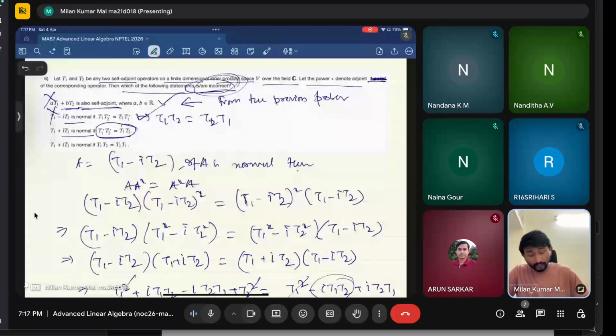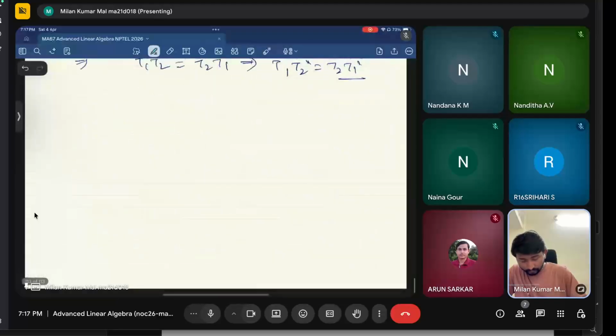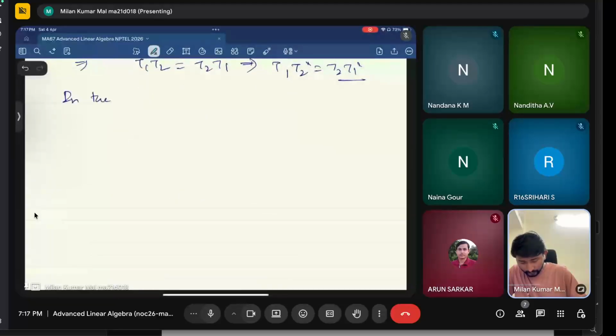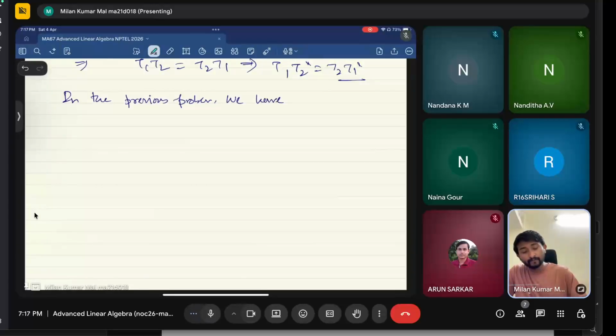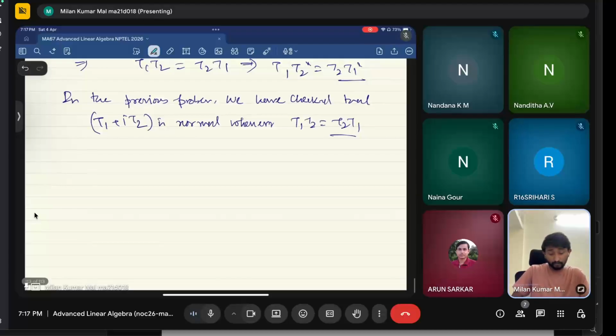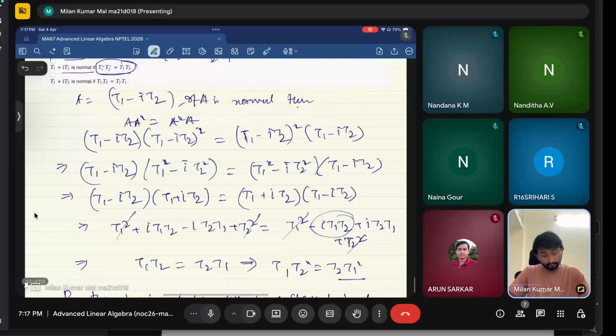In the previous problem, we have already checked that T1 plus iT2 is normal whenever T1 T2 equals T2 T1. This is what we have checked in the previous problem. If you go back, here it is.